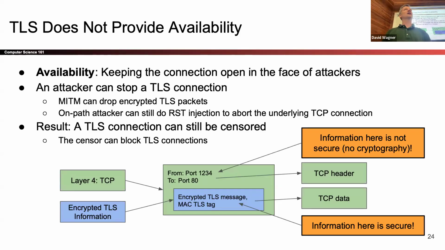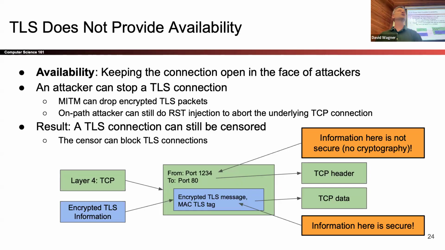But an off-path attacker cannot, because an off-path attacker won't know what the TCP sequence numbers are, and so won't be able to send a reset packet with the right sequence. So this means that censors can still censor internet traffic by connecting to an internet service provider and getting a copy of all the traffic, just eavesdropping on all the internet traffic.